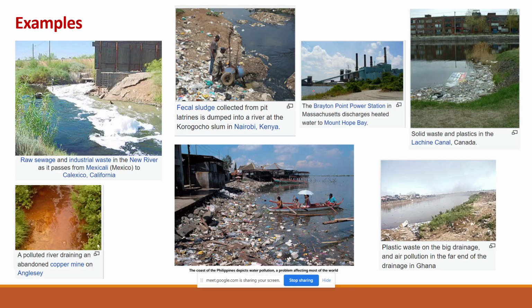So we understood what is water pollution, what are the contaminants or pollutants which are actually polluting the water body, what are the causes and effects of that kind of water pollution, and some real life examples. I hope everybody has clearly understood the breadth and depth of water pollution, not only in India but also across the globe.